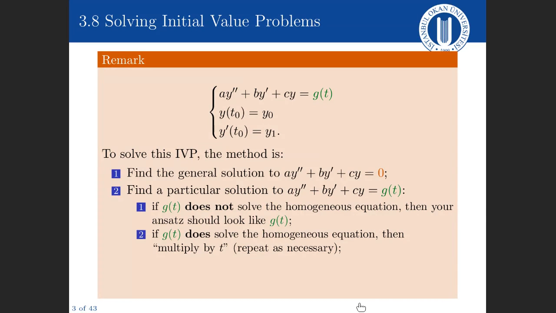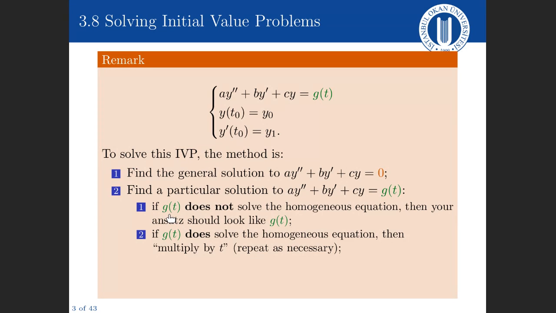The idea is if our function g(t) does not solve the homogeneous equation, then our ansatz, our guess, should look something like g(t). If g(t) includes an exponential function, then our guess should include an exponential function.